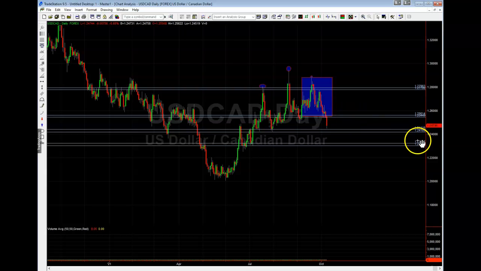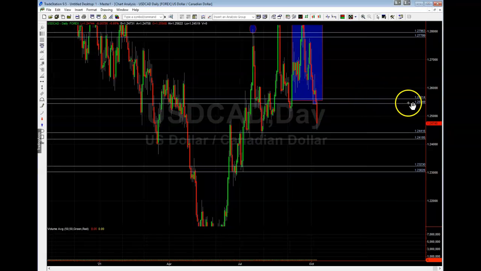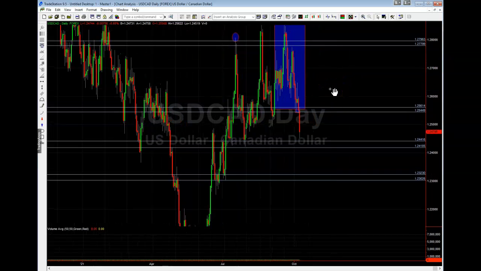I would say this area here, if we make it a little clearer, this 1.25, 1.254 to 1.256 type area, that area is now most likely, I would consider it to be pretty good resistance at this point.